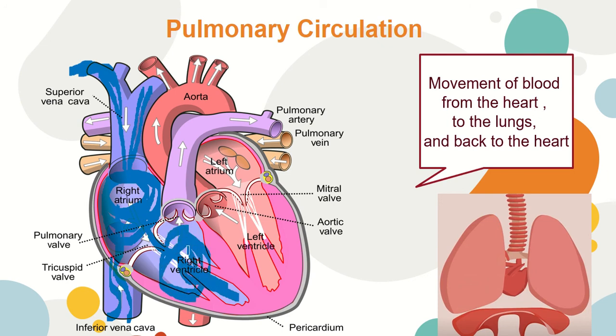Pero bago siya bumaba kay right ventricle, dadaan siya kay tricuspid valve. Okay? Pag dumaan siya kay tricuspid valve at napuno na ang ating right ventricle, magkuklose ang tricuspid valve at magkakaroon ng tunog na tinatawag na lub. Okay? Pag napuno na ang ating right ventricle ng deoxygenated blood, pupunta naman siya kay pulmonary artery.